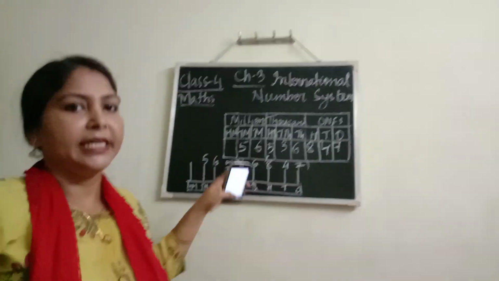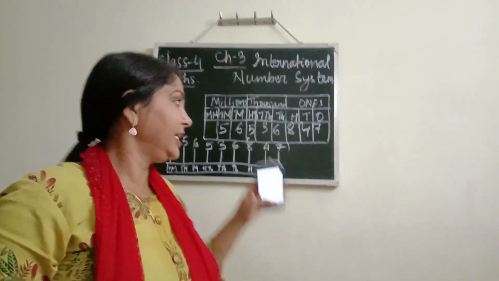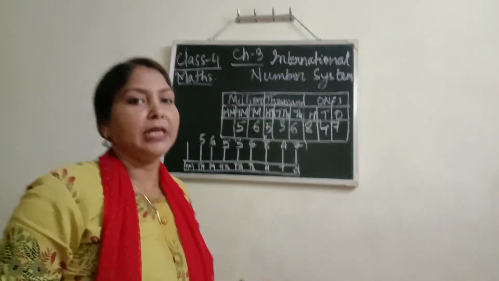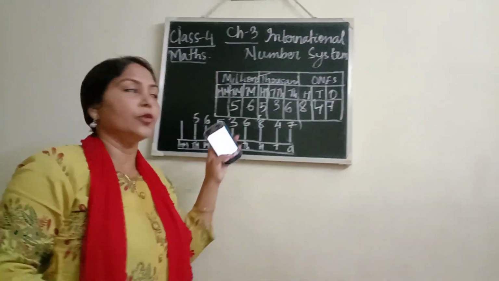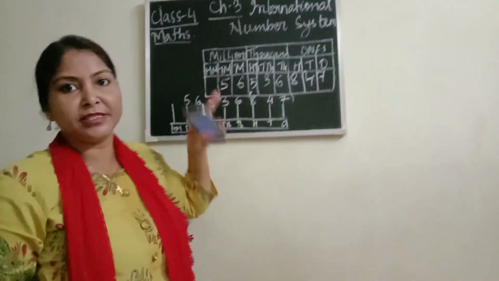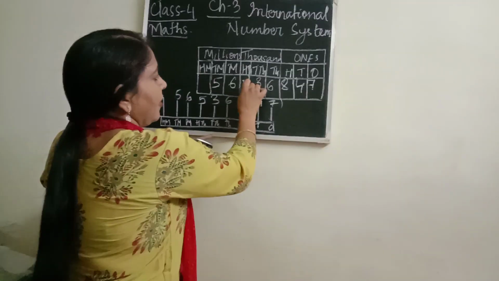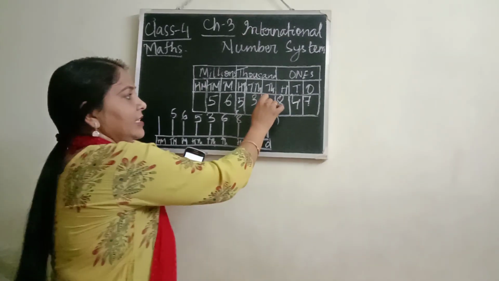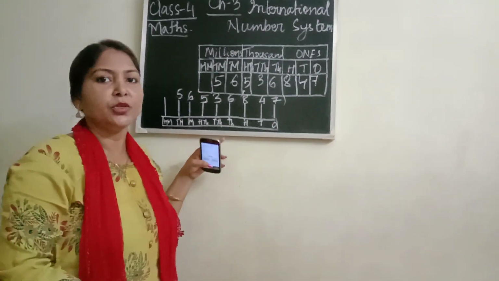Now you see digit 5 is in the 10 millions place, so it becomes 50 million, and in the millions place it is 6, so we will say 56 millions. Then 5 is in 100,000, 3 is in 10,000 and 6 is in the thousands place. So how shall we read this number?